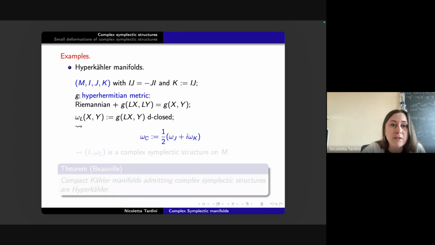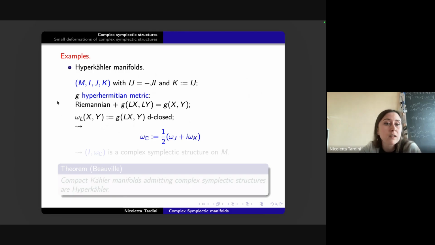And every time we have a Hermitian metric, we can define the fundamental form, which is a two-form on the manifold defined in this way. Again, think of L as one of these three structures. So omega_L(x, y) is defined as g(Lx, y).